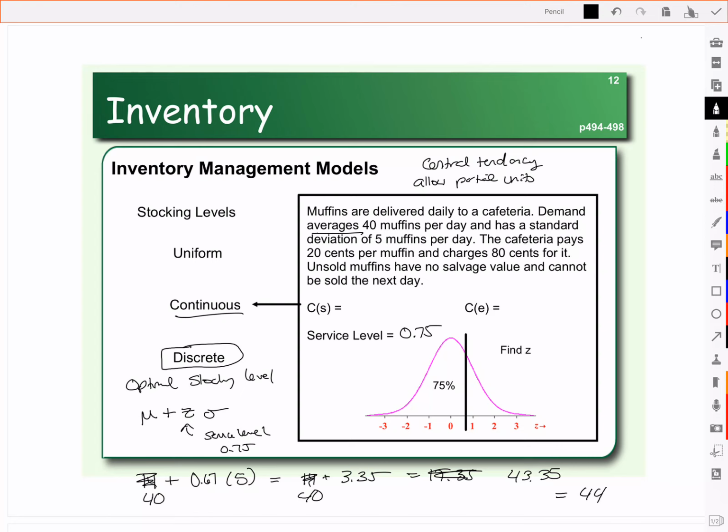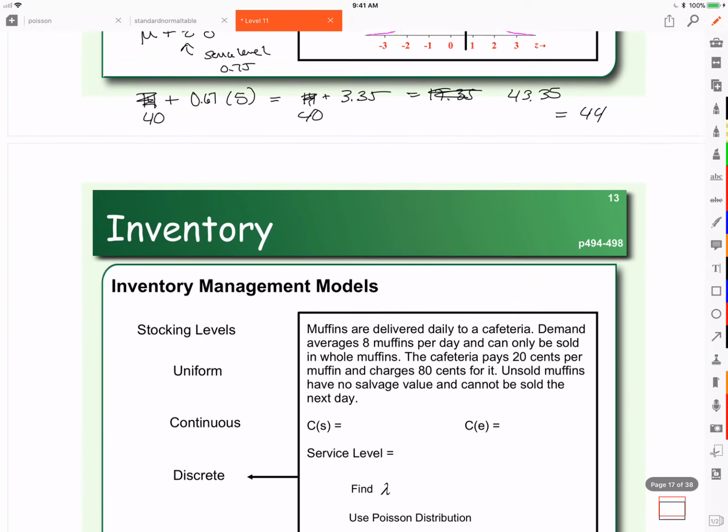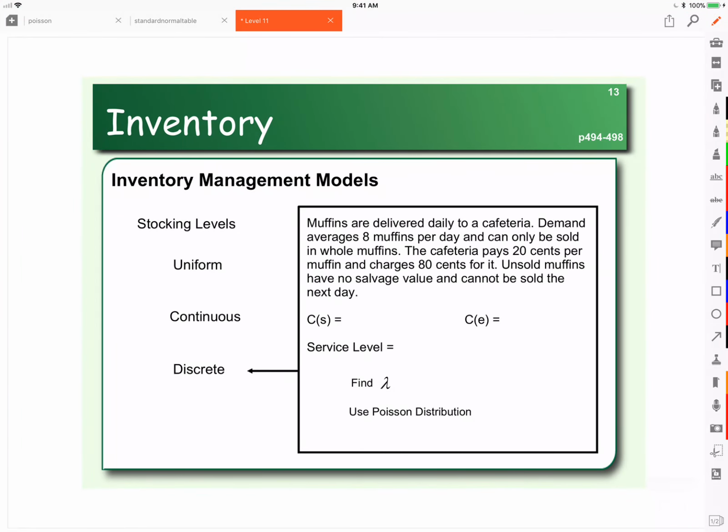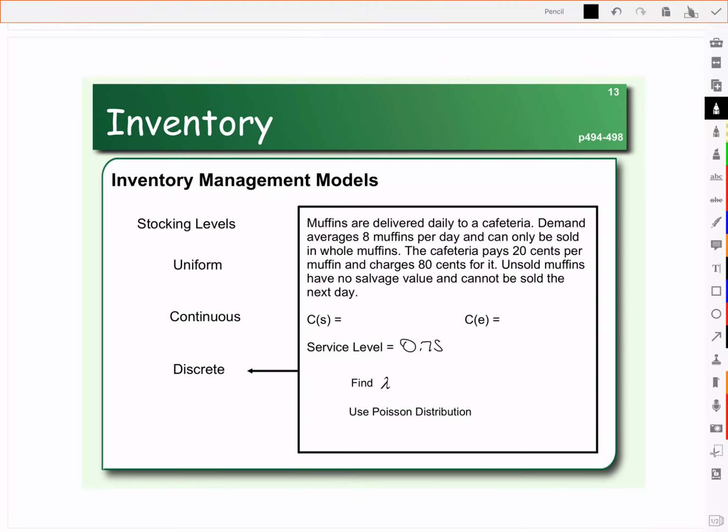But what if the amount that we need of inventory is a smaller number and we can't have partial units? Well, then we need to know how to use the discrete distribution. So same example as before. The difference here is that demand averages 8 muffins per day. Okay. Same cost of shortage, same cost of excess, same service level.